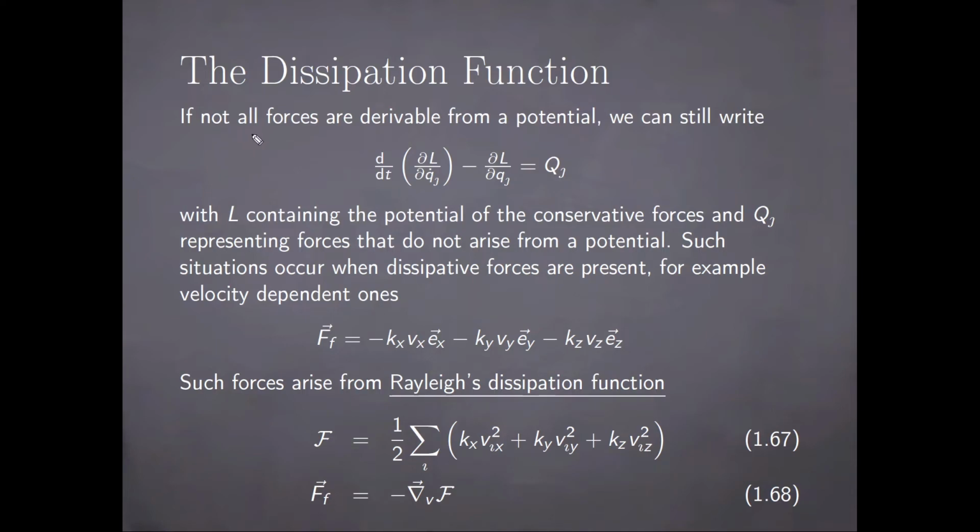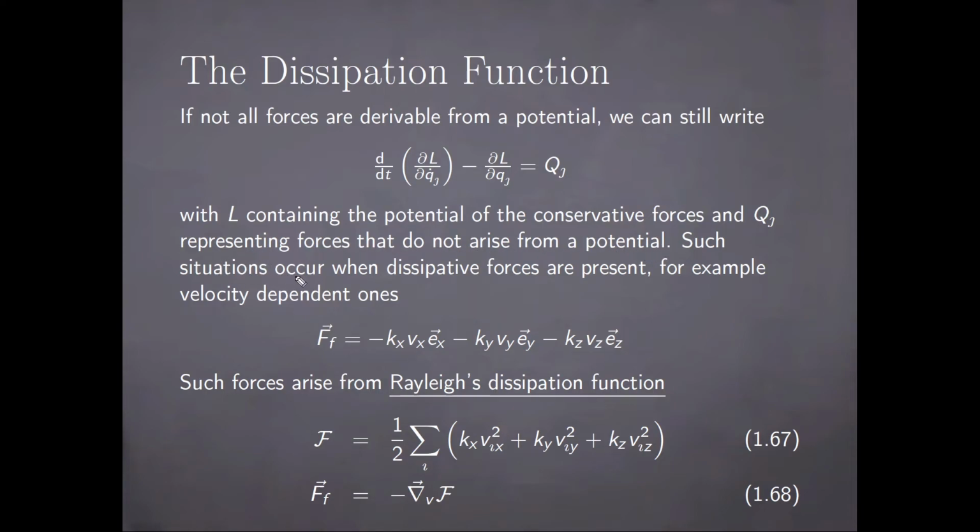It can happen that not all forces are derivable from a potential, but even in this situation we can still write a Lagrange equation, in the context in which L is going to contain the potential of the conservative forces. So this is still going to be T minus V, and the generalized force is going to represent forces that do not arise from a potential.